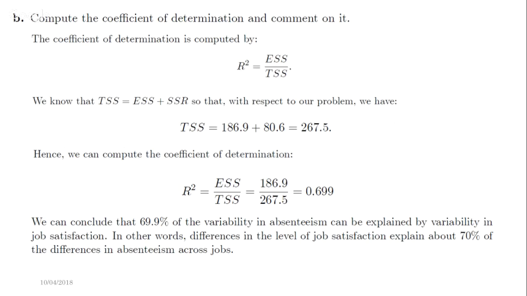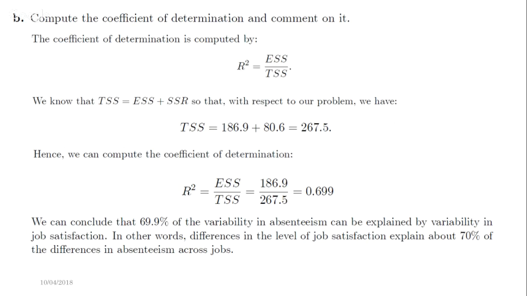Question B is almost the same, but a bit simpler. This is about R squared. We don't have R squared, so we have to calculate it, and we have to know the formula for R squared: the explained sum of squares divided by the total sum of squares, SSE over SST.